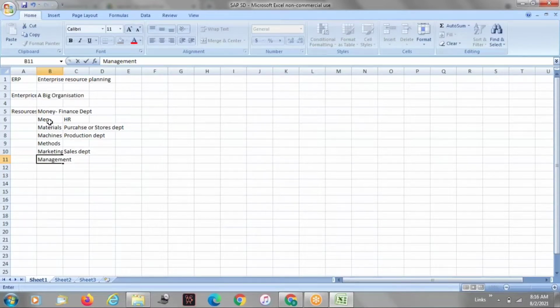These are the M's that you call them. These are all the different kinds of resources that a big company manages. Resources can be anything related to money, men, material, machines, methods, marketing and management.